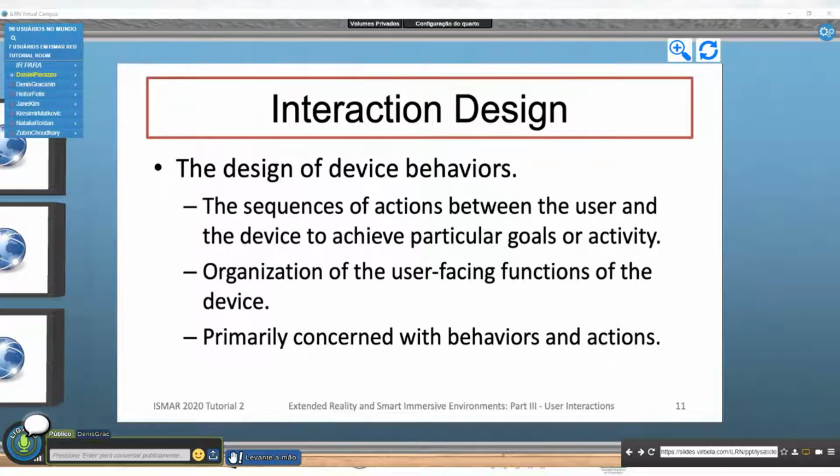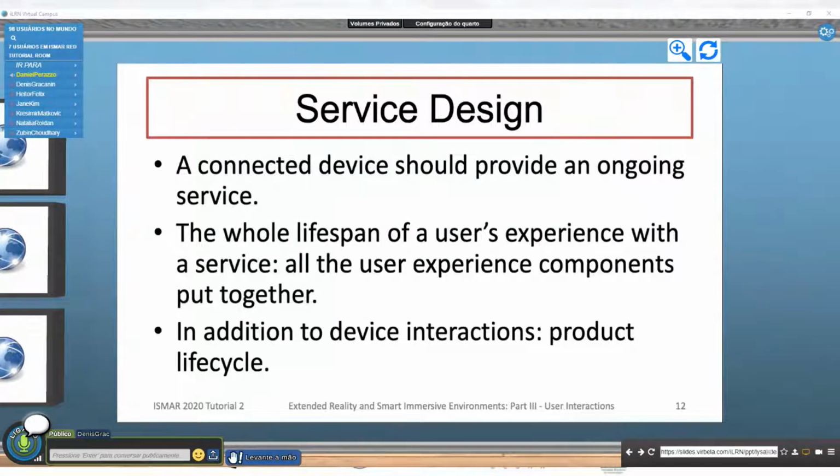So now that we are looking at that, obviously, we can look at interaction design as providing a service to a user, and therefore, when it comes to service design, we need to have a connected or smart device that provides an ongoing service. So from that perspective, the user experience with the service means that we are looking at the whole lifespan or the whole activity.